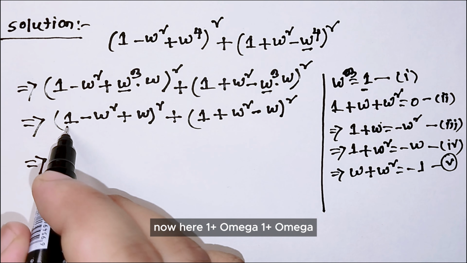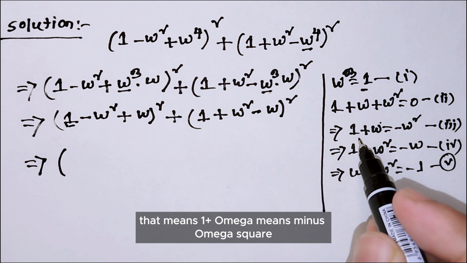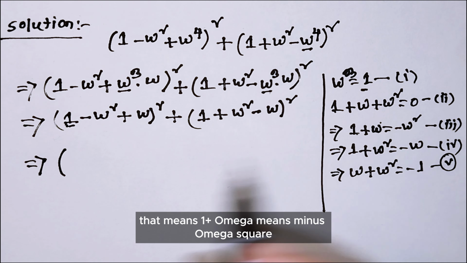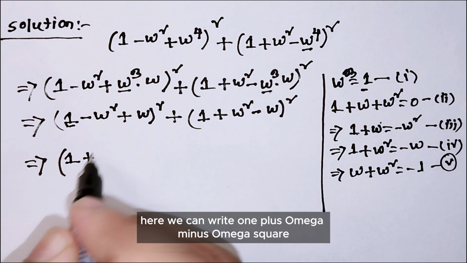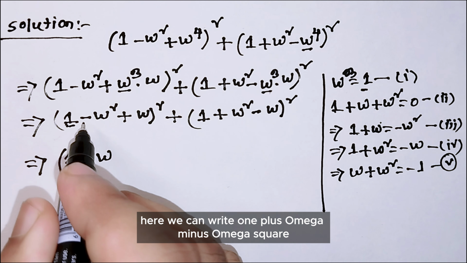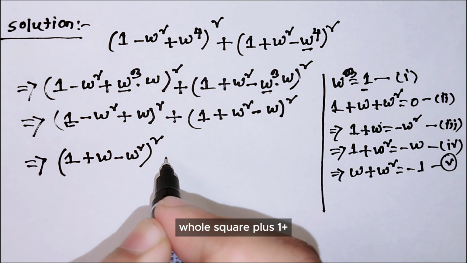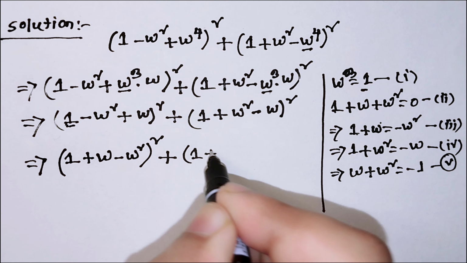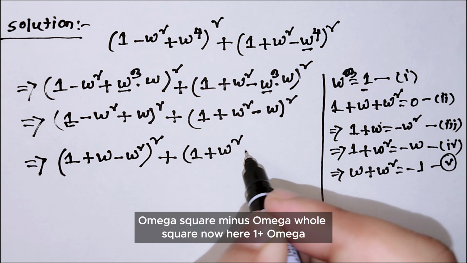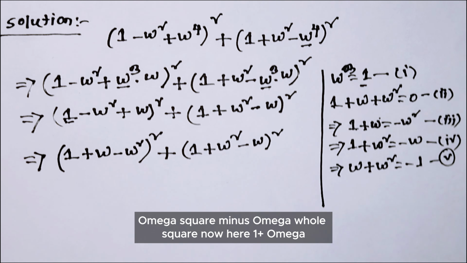Now here 1 plus omega means minus omega square. So you can write 1 plus omega minus omega square, whole square, plus 1 plus omega square minus omega, whole square.